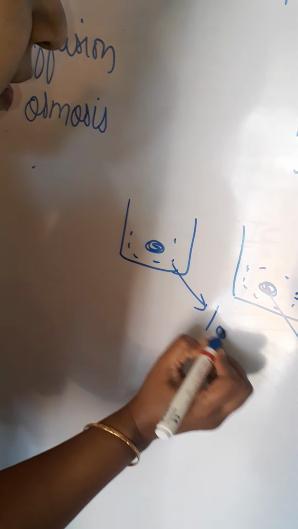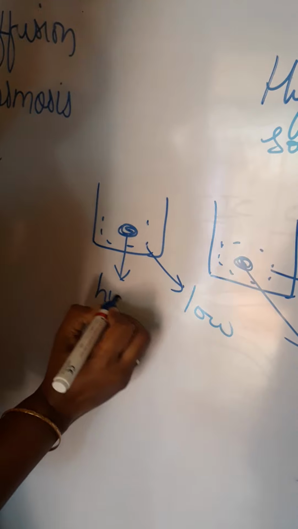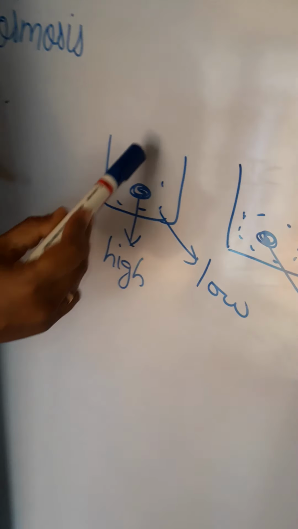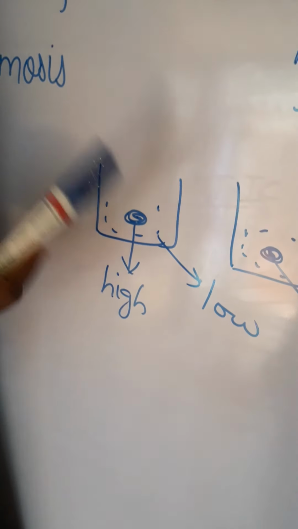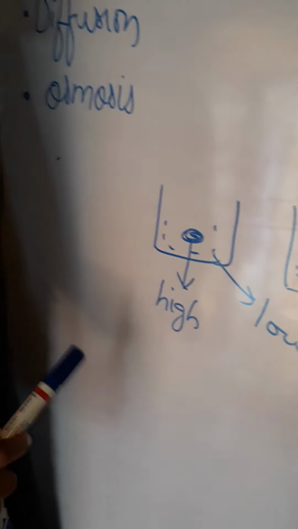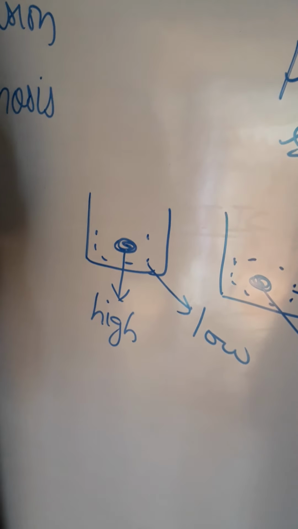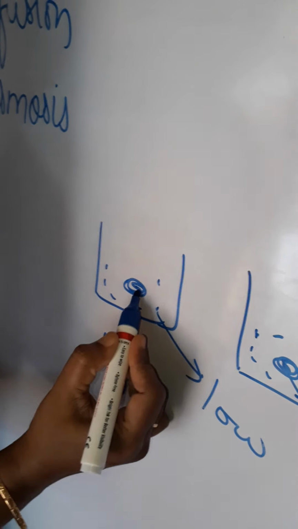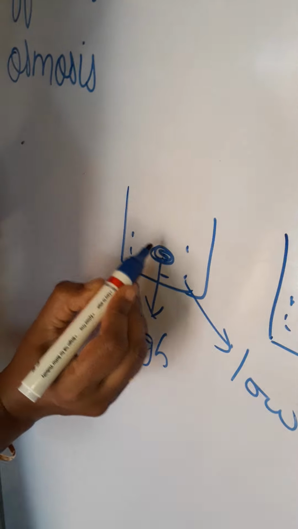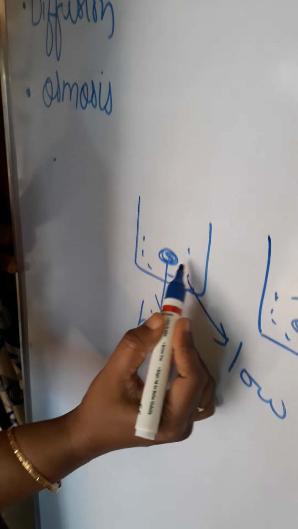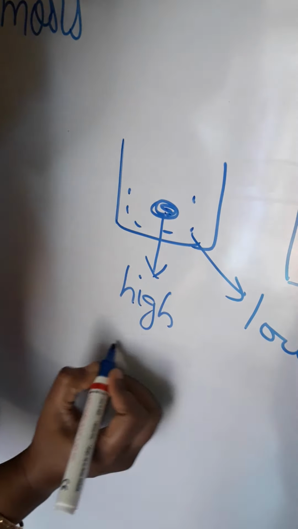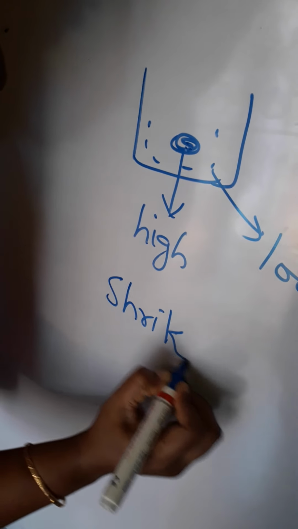Let us see now. We have seen that always the particles will move from higher concentration to lower concentration. The cell is having higher concentration, so the cell will lose its water. The water will come out of the cell. The cell will lose its water and it will shrink.